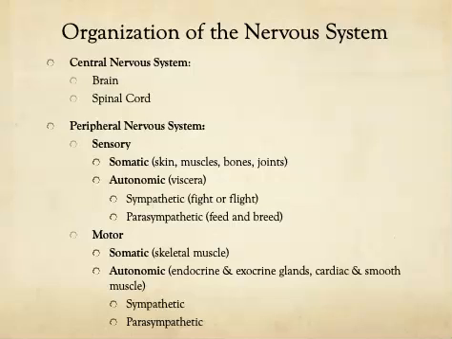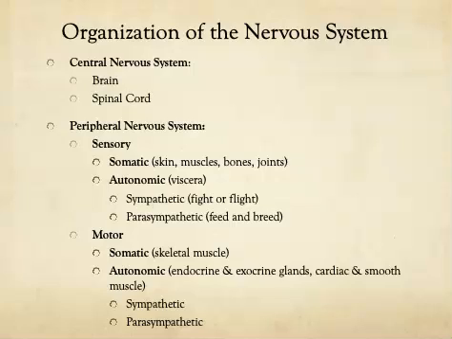The parasympathetic is the opposite, and sometimes it's referred to as the feed and breed system. So not so much related to the stress of fight and flight, but in the more relaxed state, the feed and breed state.